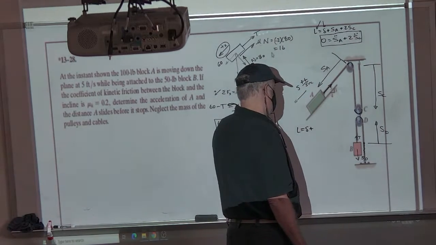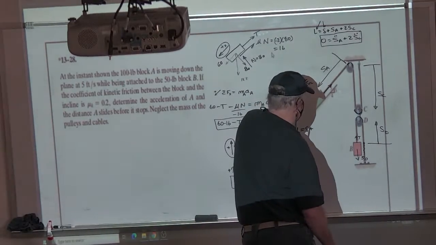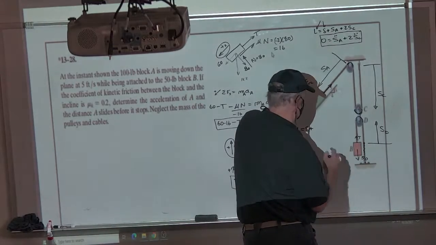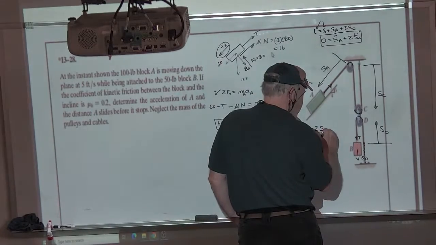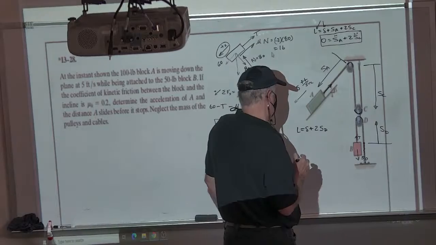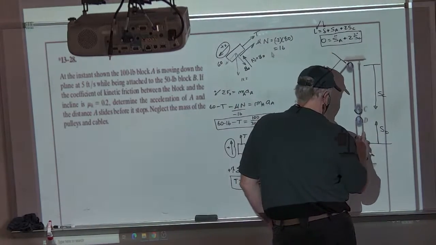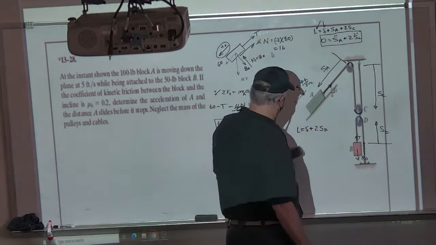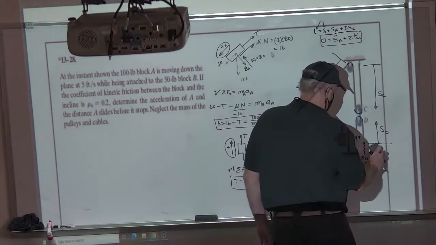However, there's another issue here. If I look at SD, I have no connection to this other equation. I'm going to go ahead and do this. My problem is I need this rope length to be tied to that one. So what I need to do is do this in a slightly different way.